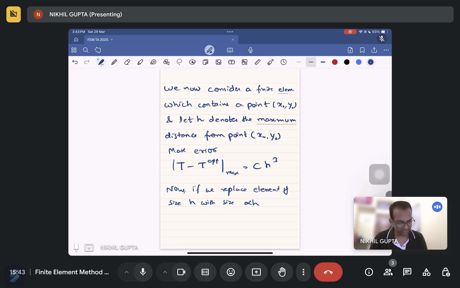So let's say we have changed the element length as alpha h. Now what we'll write, this T minus T approximate maximum will become alpha cube of T minus T approximate maximum for h. So are these two lines clear?